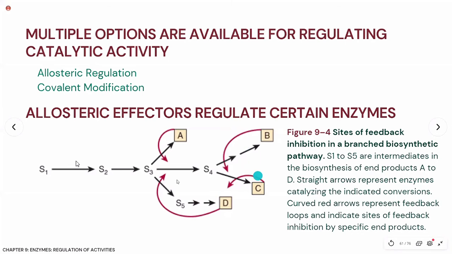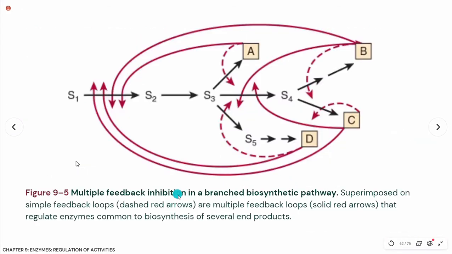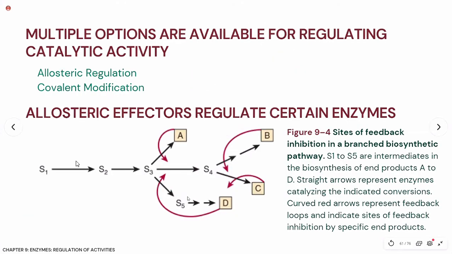All right. Listen, for example, S3 acted on by this becomes S5. And S5, acted on by two enzymes, becomes D. Now, if this accumulates, it does not stop this, it does not stop that.